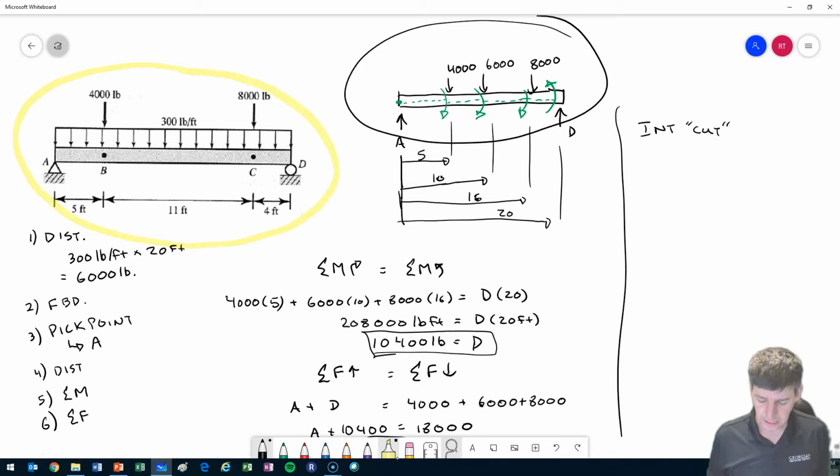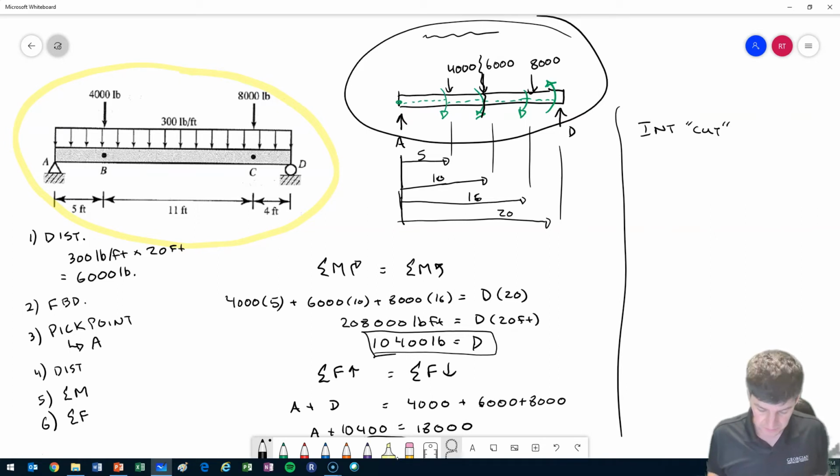If we were to cut the beam over here, then what's going to happen is we're going to cut it, and we either include the entire distributed load right at the middle, or we exclude the entire distributed load.